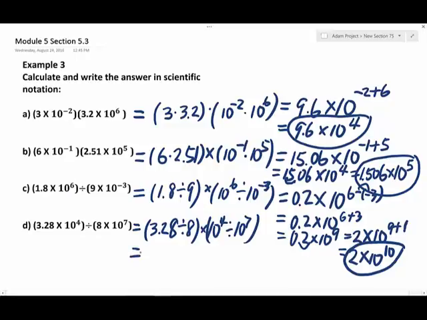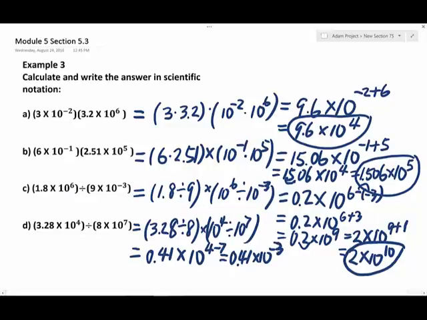So 3.28 divided by 8 becomes 0.41. And then in terms of the exponent part, we're going to subtract the exponents. 4 minus 7 becomes -3. So we have 0.41 times 10 to the -3.